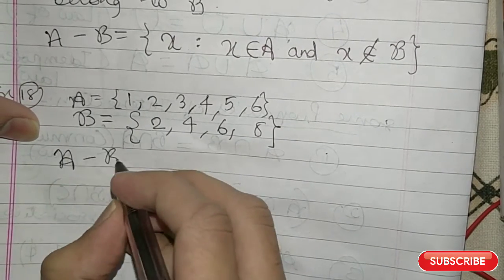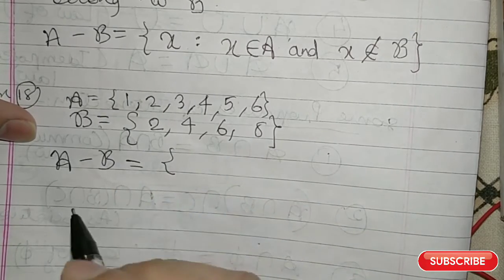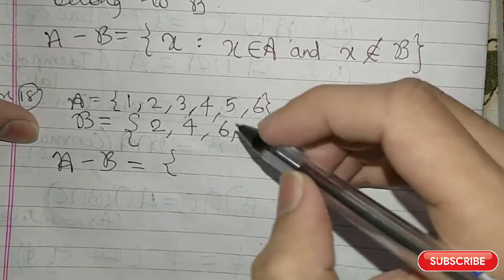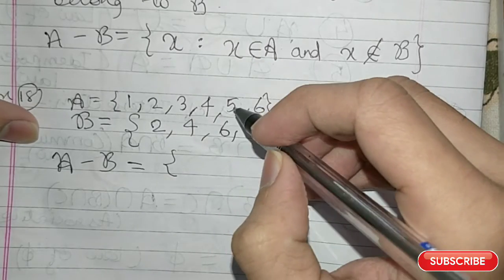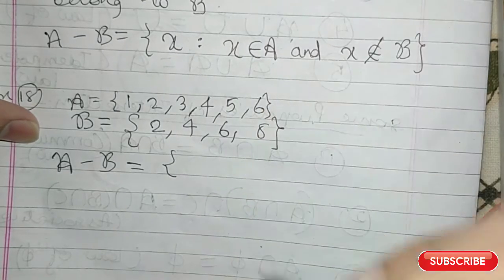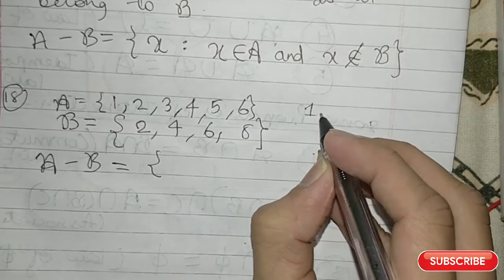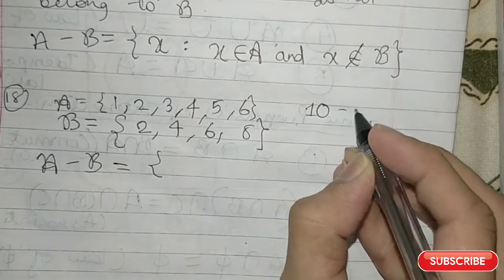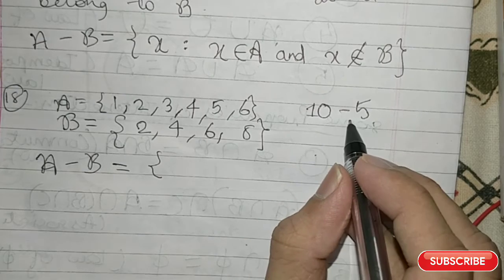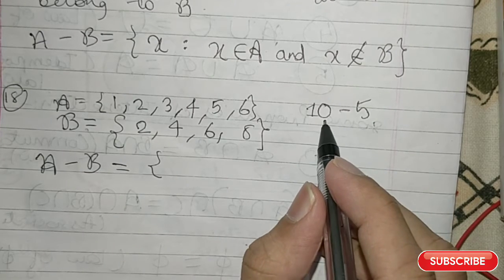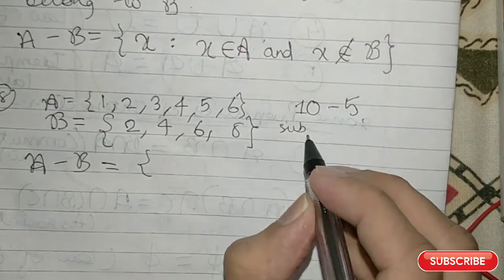So first let us look at A minus B. A minus B means the elements which belong to A but do not belong to B. You can see it like how we do the subtraction of real numbers. So 10 minus 5: what we do here is we subtract the number 5 from 10.